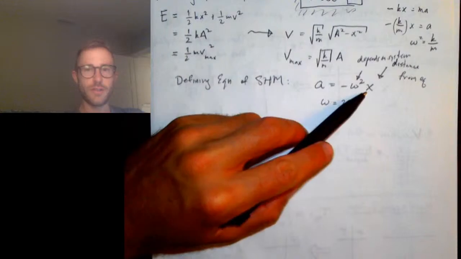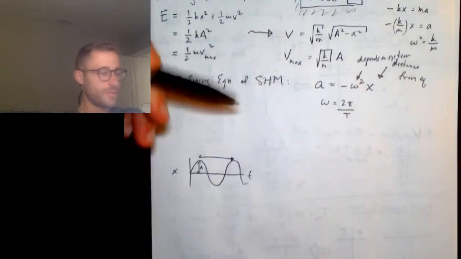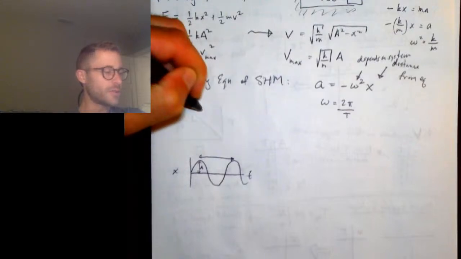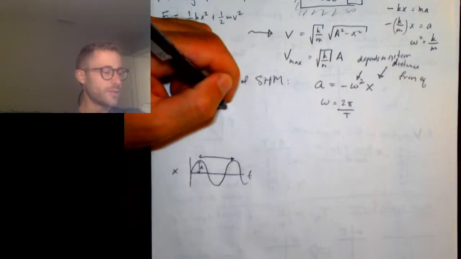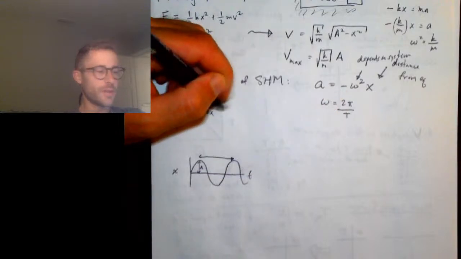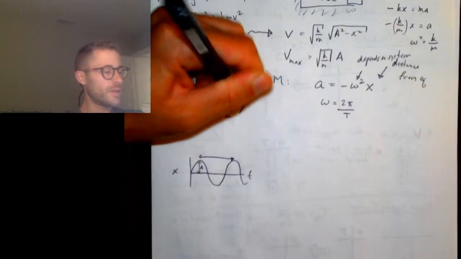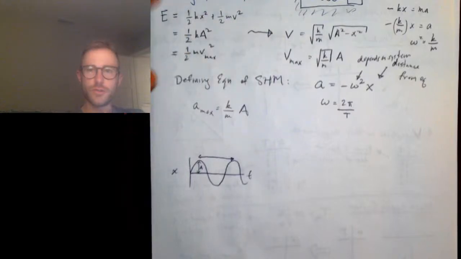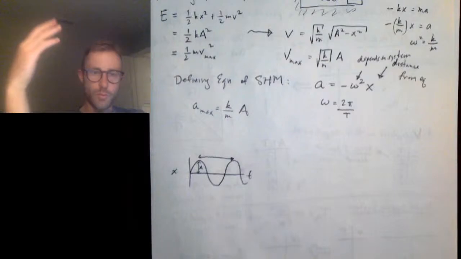So we can see that the acceleration gets bigger as you get further from equilibrium. So the maximum acceleration is going to be omega squared times the amplitude. Omega squared is k over m, so I get k over m times the amplitude. So these are all just useful equations, all right? Really what you want to think about is what is the origin of each of these equations, okay?